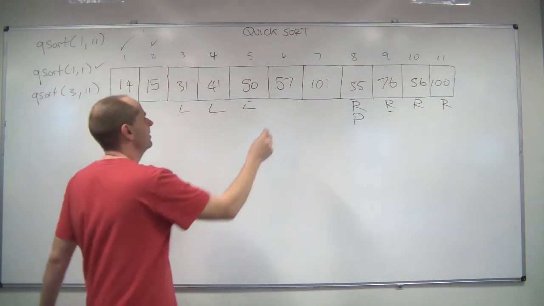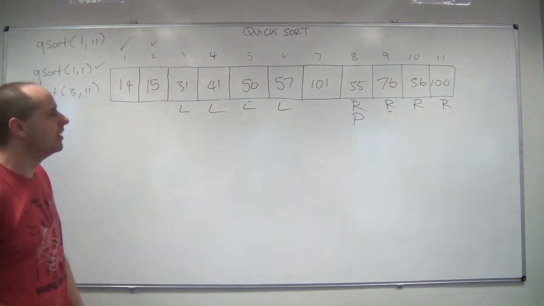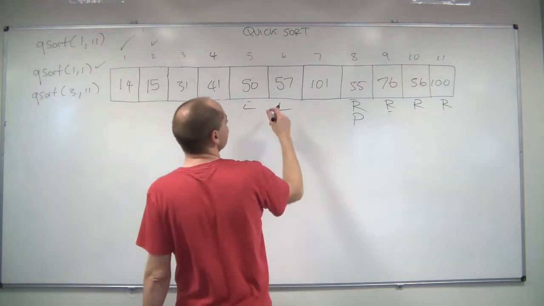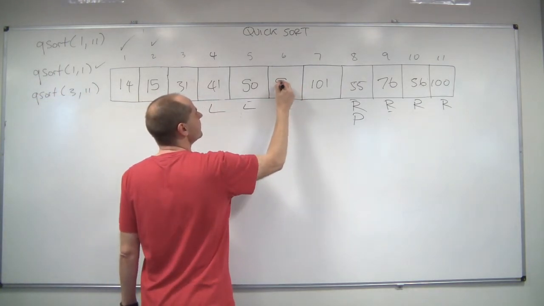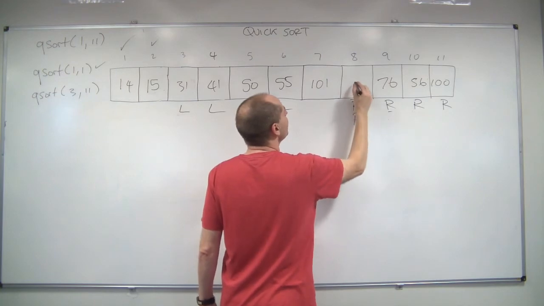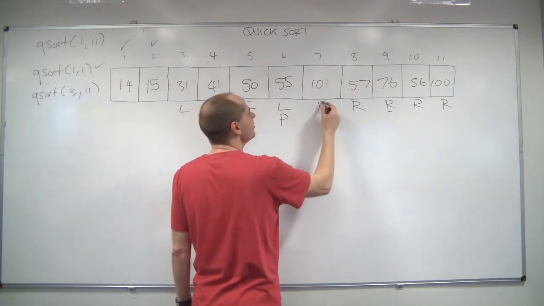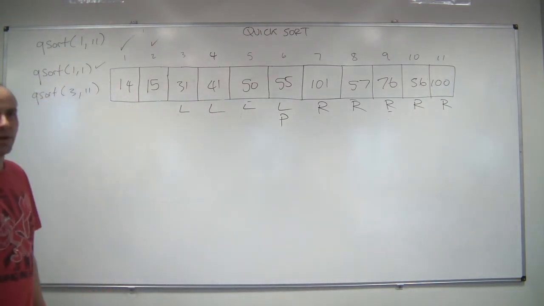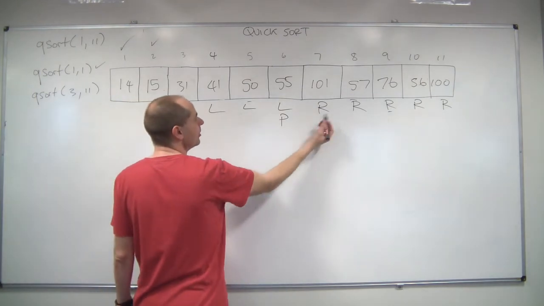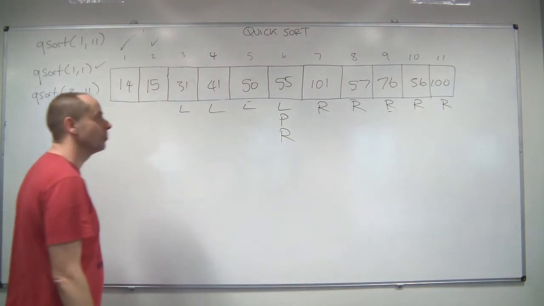Move in the one not associated with the pivot. Oh, bloody hell. I picked a right good number there. Right, 55 and 57 swap. Okay, pivot's come back there. Right comes in. Okay, they're in the right order. I haven't got a swap. So I'm moving the pointer not associated with the pivot and we stop.